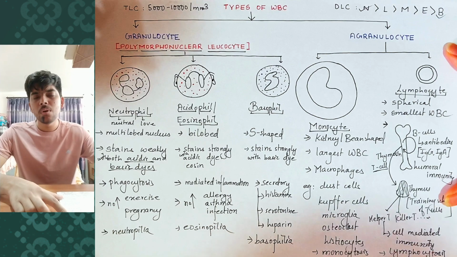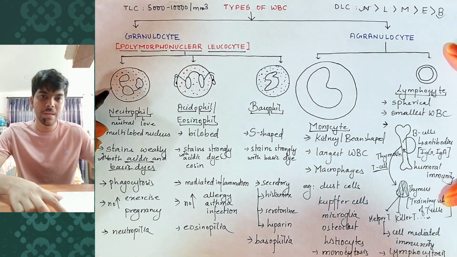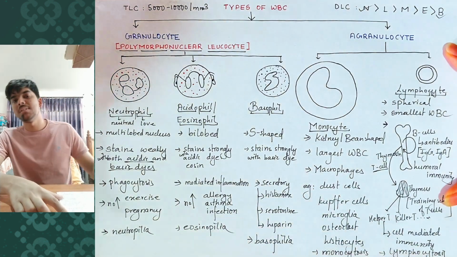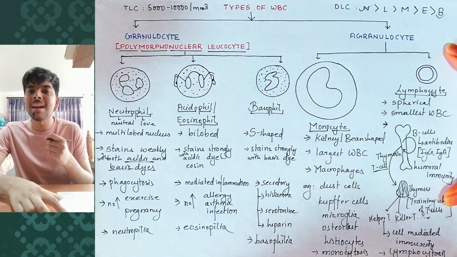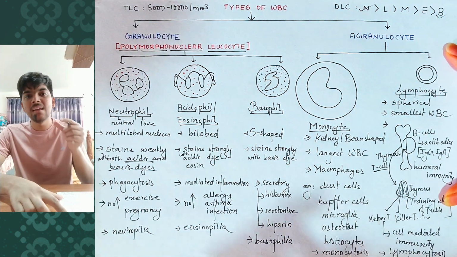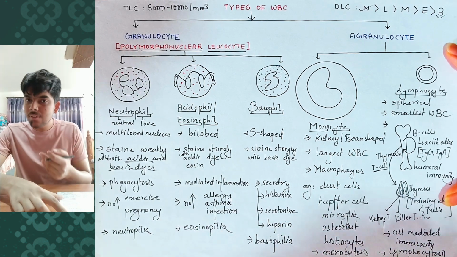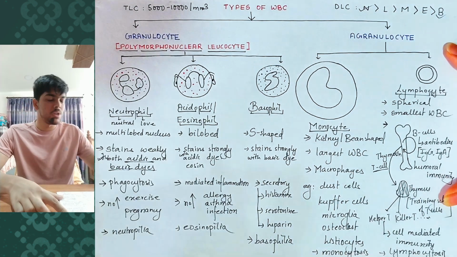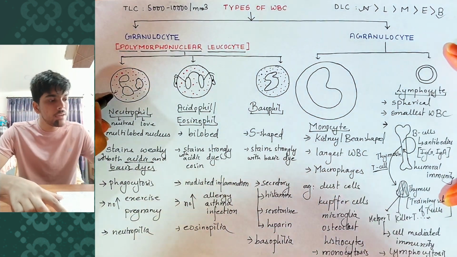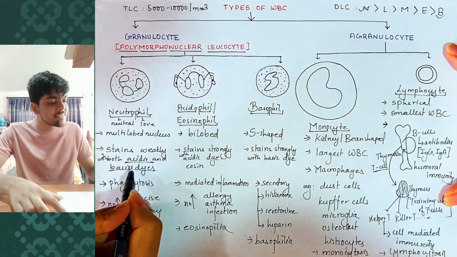For it to be neutral towards both acidic and basic dyes, it must contain both acidic and basic granules. What are acidic and basic granules? Acidic granules are those that turn red once acidic dye is put on them. Basic granules are those that turn blue once basic dye is put on them.